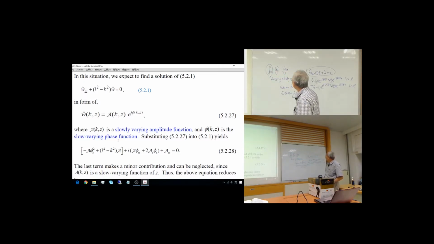We no longer have this kind of solution, because those have constant coefficients: a second order differential equation with constant coefficients. We no longer have that.